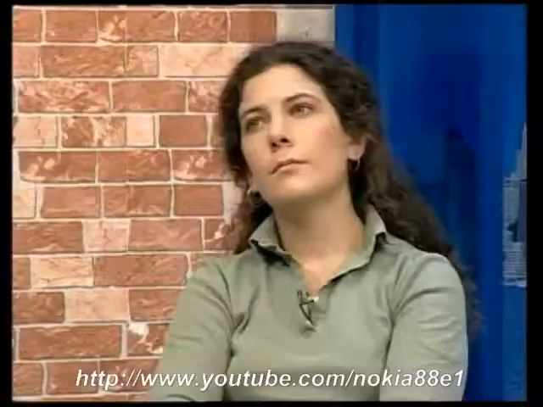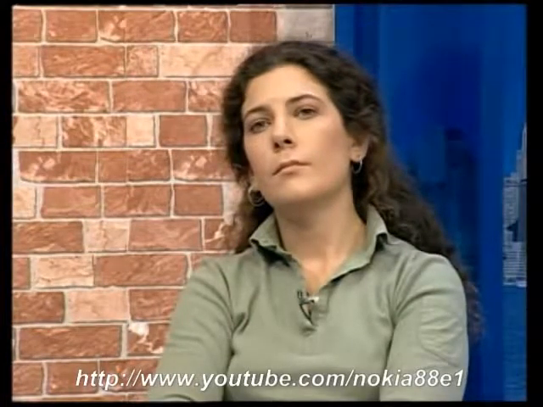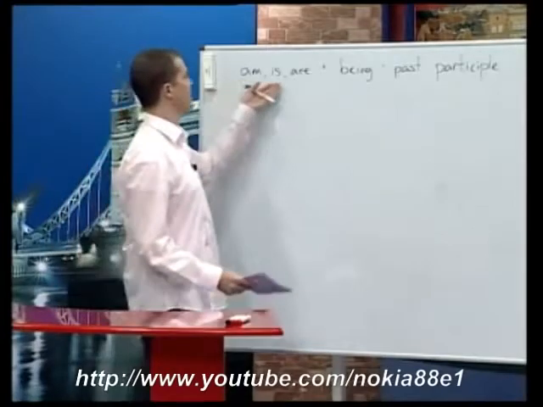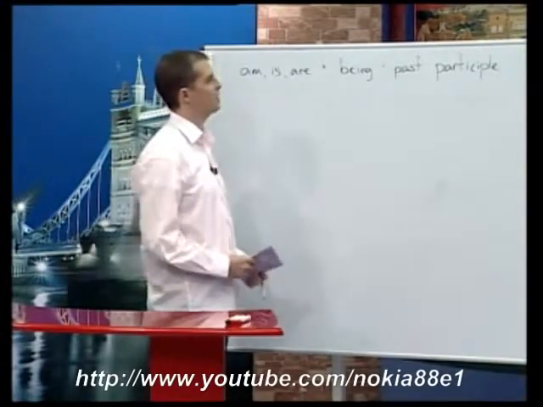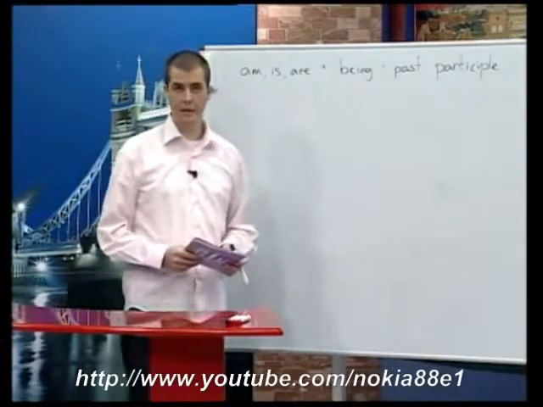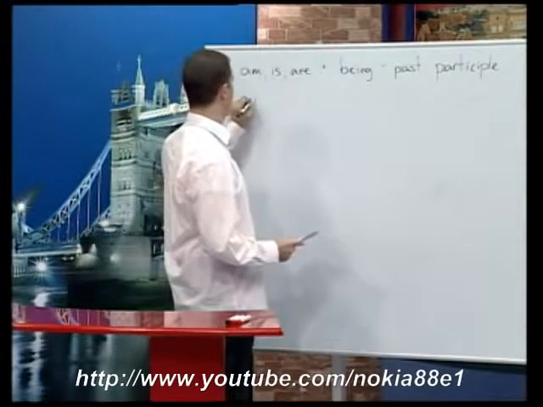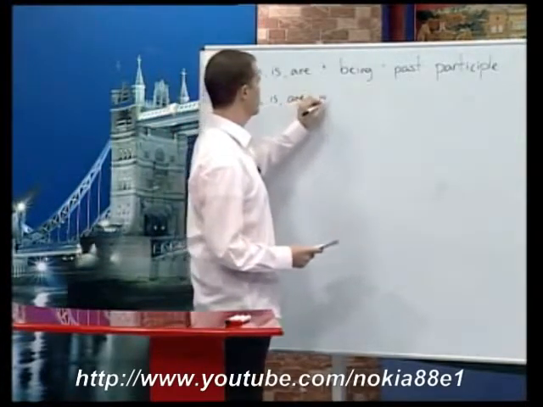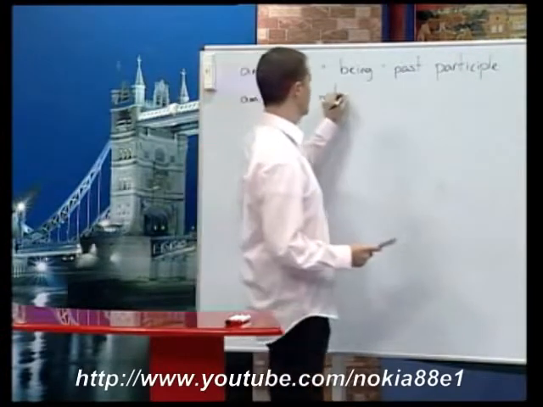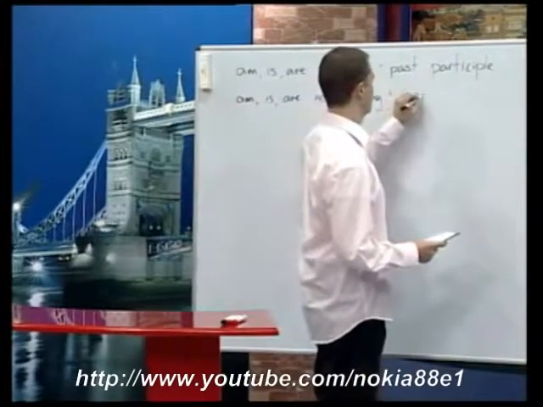To form the negative, we use am, is, are not, plus being, plus past participle.